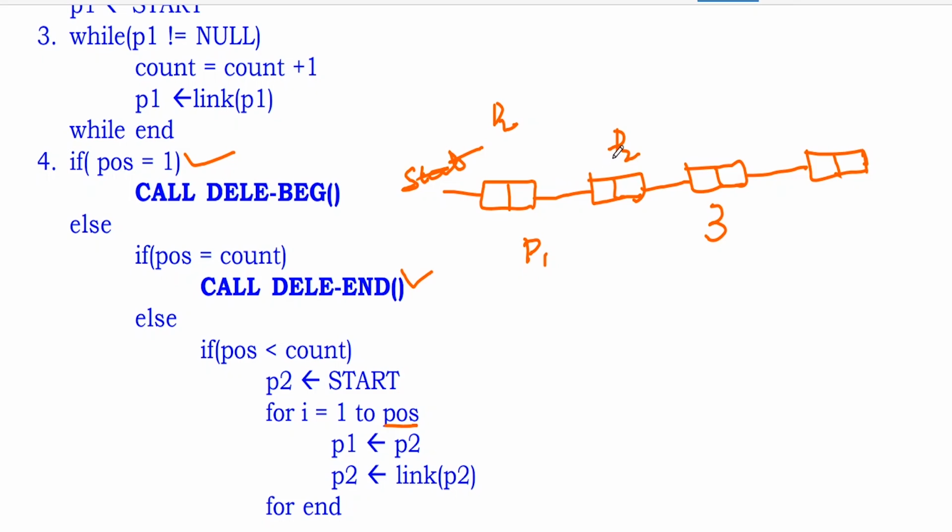When P2 goes here and P1 comes here, this is how traversing works. The same thing, link of P2, link, that's what we did, P2 is equal to P1 link of P2. Okay, so now we have to delete. This node has to be deleted now.